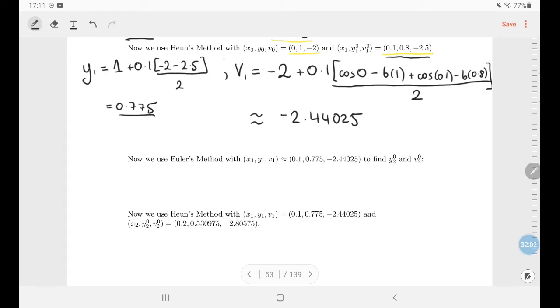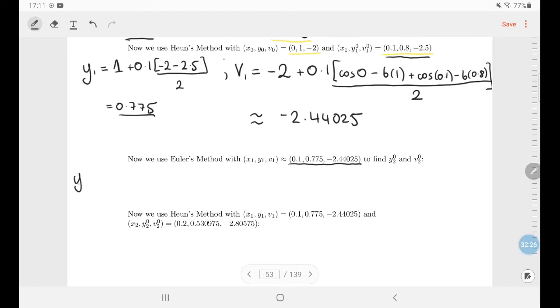So we go again. So the y2 predictor is the previous y value, that is in this bracket in here, 0.775, plus the step size, which is 0.1, times the slope of y, and I really should have given myself more space, sorry.